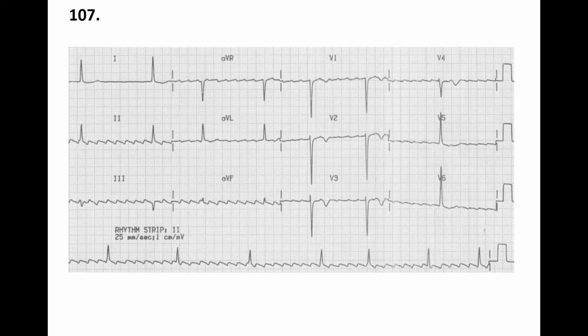However, when you do have a flutter, it can be conducted proportionally. So this is why 4-to-1, 3-to-1, 2-to-1 conduction can occur. And depending on the oxygenation or the quality of the AV junction, you can have a faster or slower one. But mostly they are rhythmic.